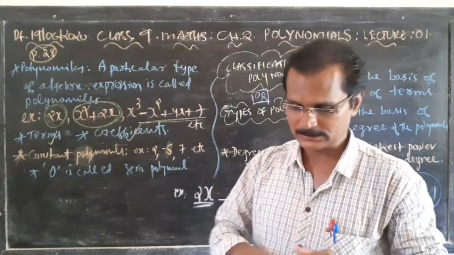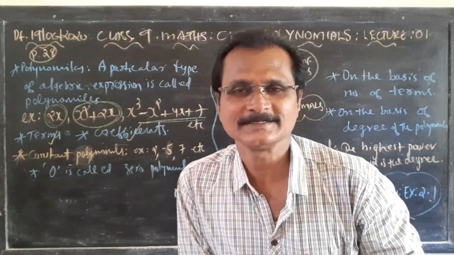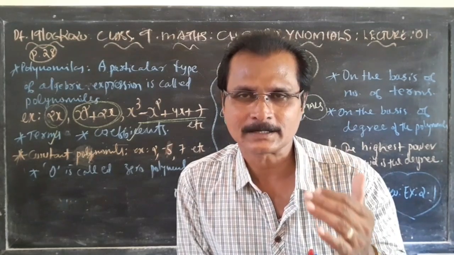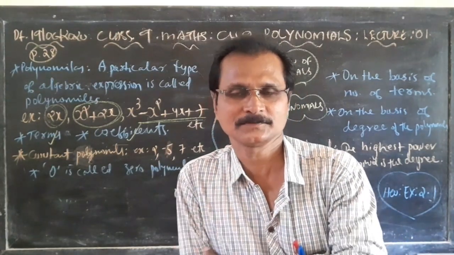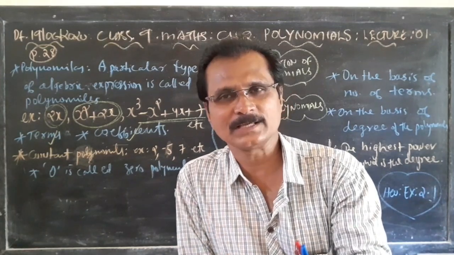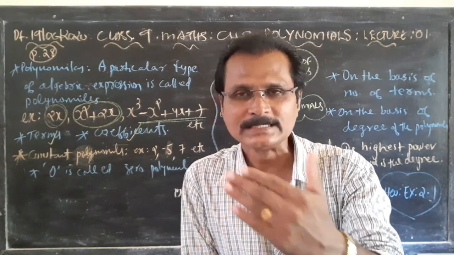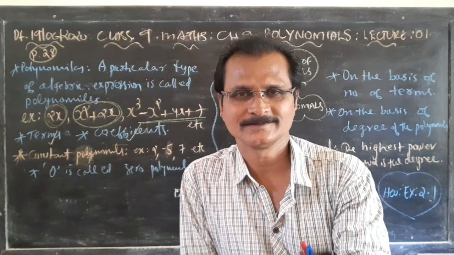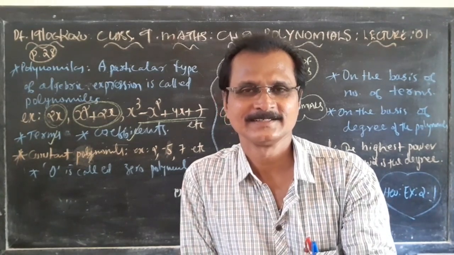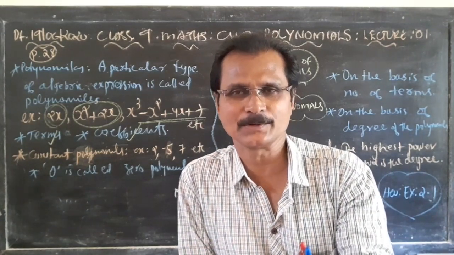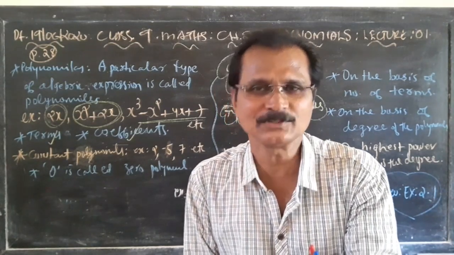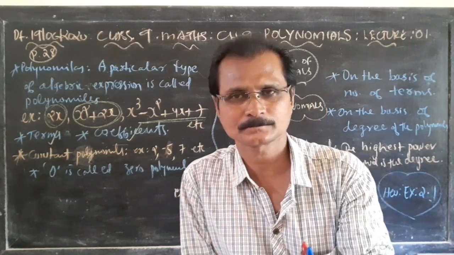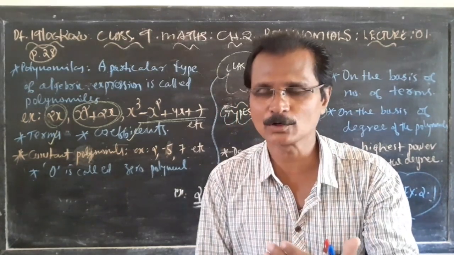In types of polynomial, there is classification on the basis of number of terms or classification on the basis of degree of the polynomial. So now I am discussing the types of polynomial on the basis of number of terms in the polynomial. Very important. Monomial. What is monomial?